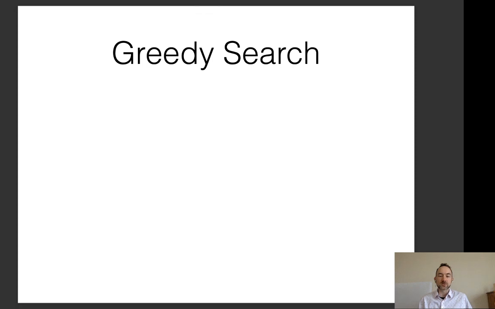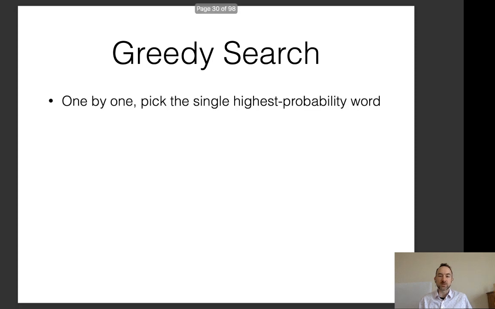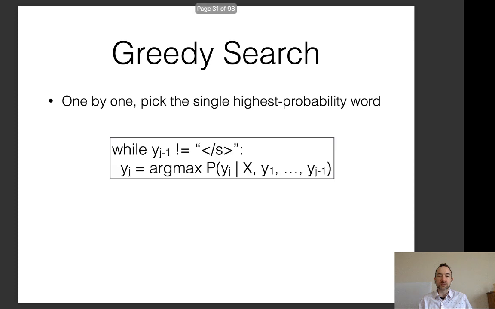The first way to search for probable outputs, which we've already talked about in an early class, is greedy search. One by one, we pick the single highest probability word. We step through the input just like we did when doing ancestral sampling, but instead of sampling randomly from the probability distribution, we pick the argmax.